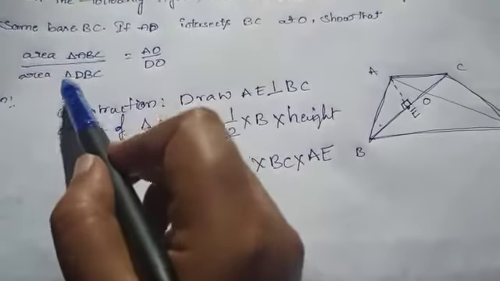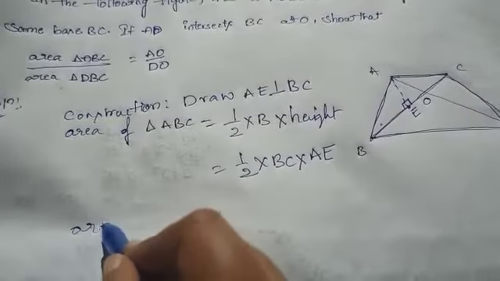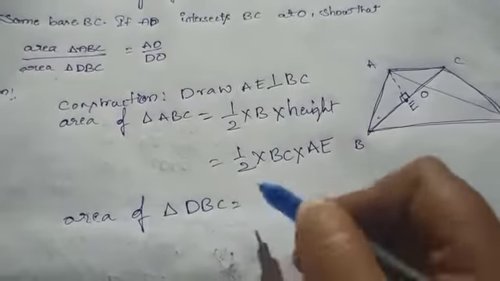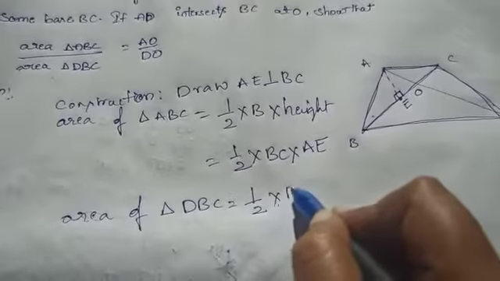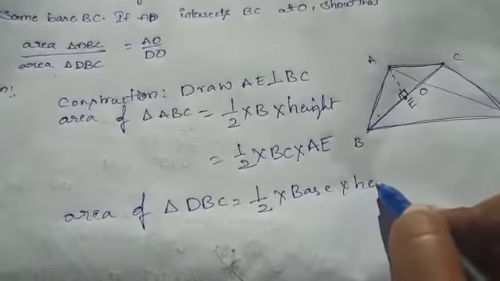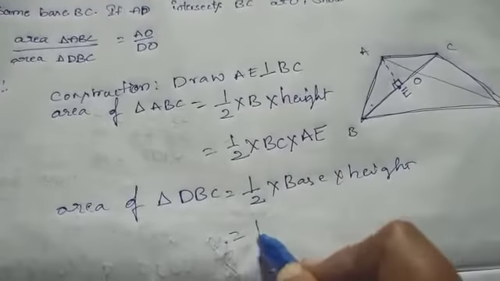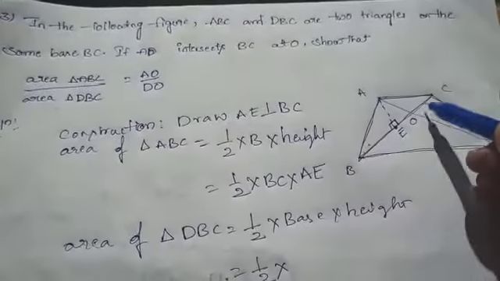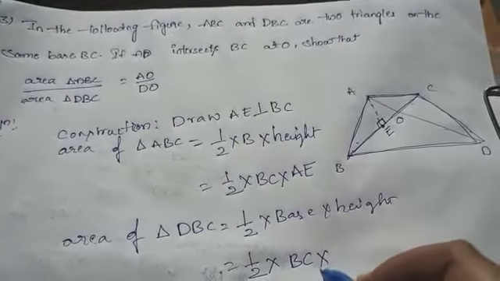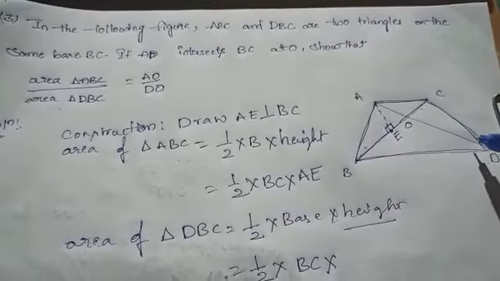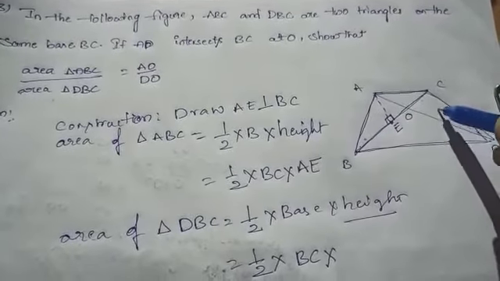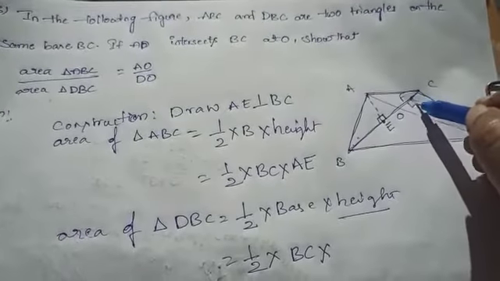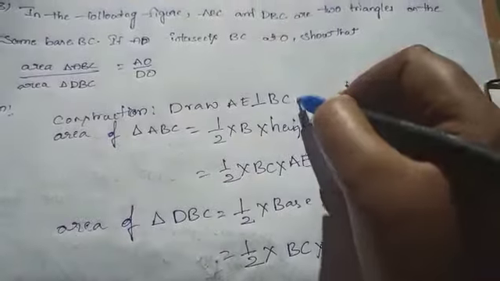Next, area of triangle DBC equal to half into base into height. Half into base is BC, same base BC. Height, we don't have height, so draw one perpendicular on the base.